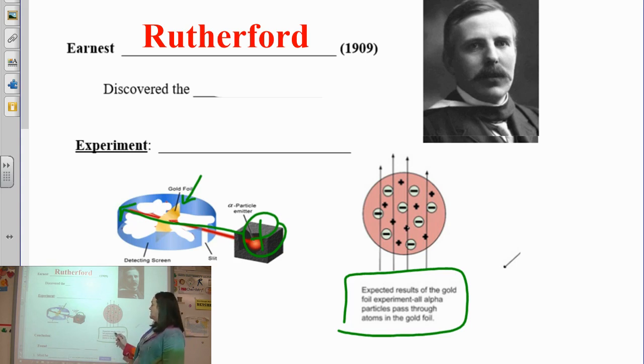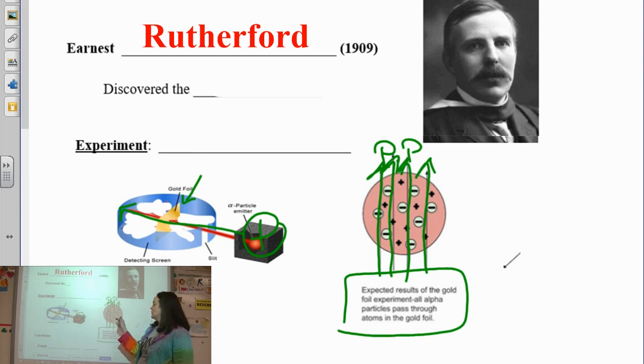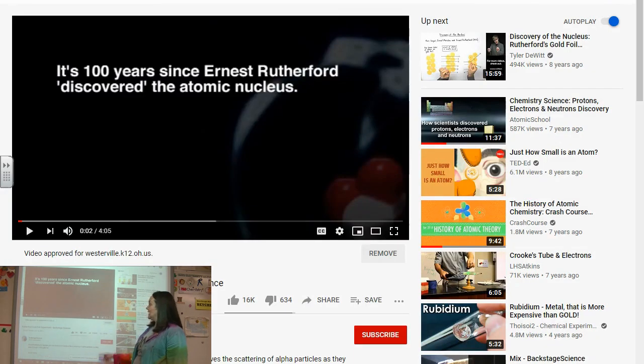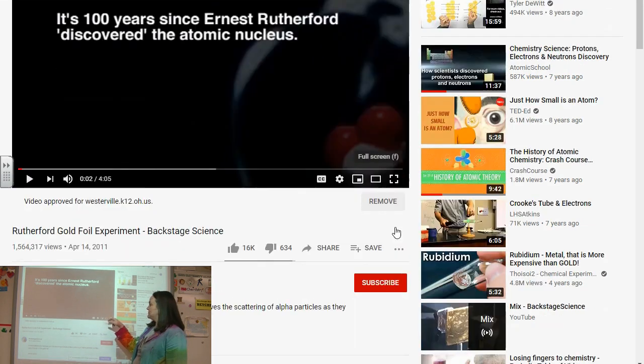He thought that if Thomson was right, so this is the plum pudding model right here, these should go straight through. They should fire these little positive alpha particles and they should pass right through this positive mush with little negative pieces in it. Okay, so let's find out what he did. Here is a little reenactment of what actually happened with his experiment.